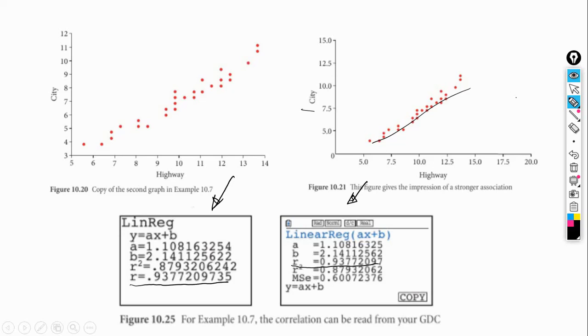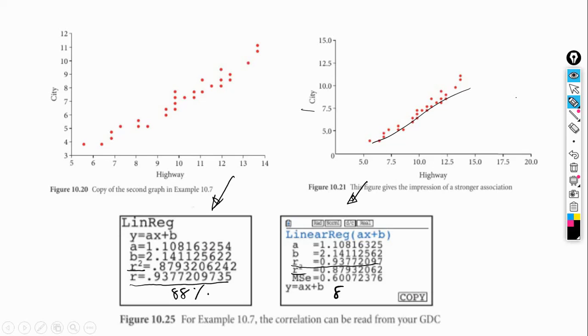There is also another value, which is r squared, and it is also the same for both cases. Now, r squared is known as the coefficient of determination. This is not going to be required for the IB exam, but it's important to talk about because it can be expressed as a percentage. Notice that it's about 88% in both cases.